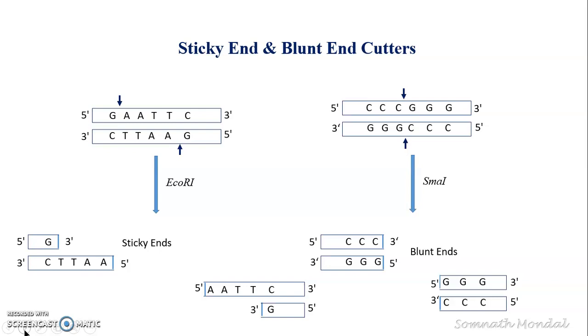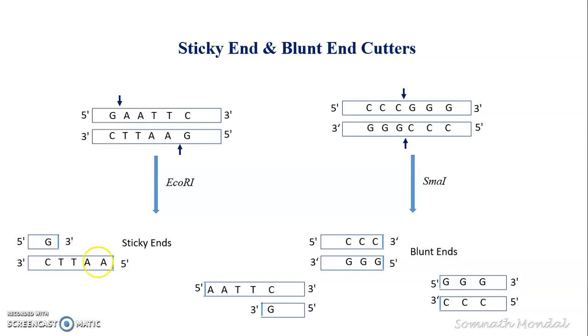Sticky end cutters like EcoRI will cleave the DNA sequence at palindromes and leave some sticky ends or DNA overhanging structures. As we can see in this image, here EcoRI cuts in between G and A on either strand and leaves the AATT sequence overhanging.